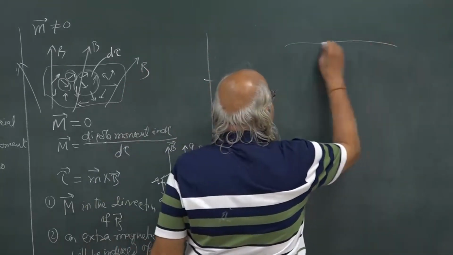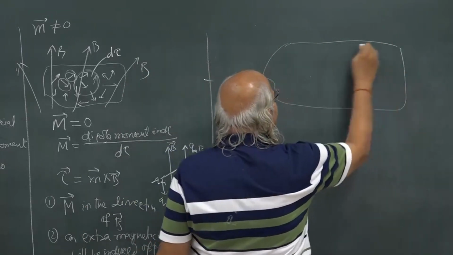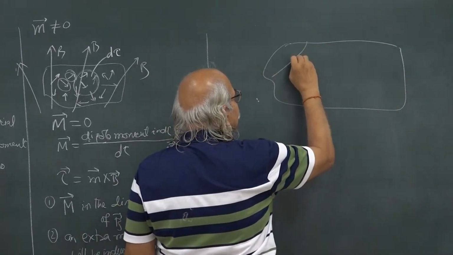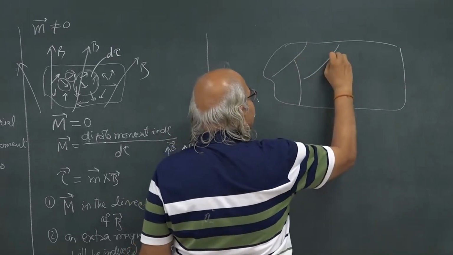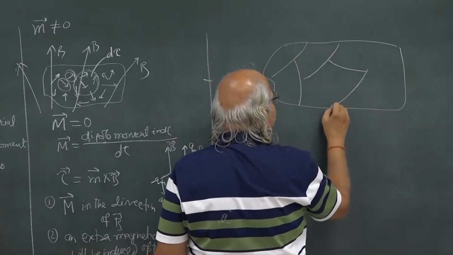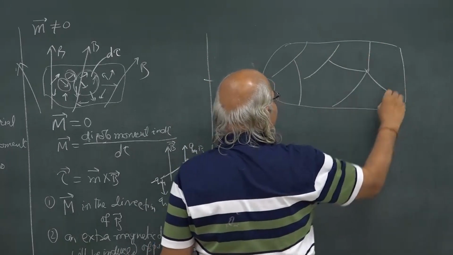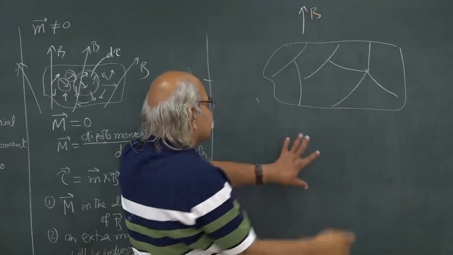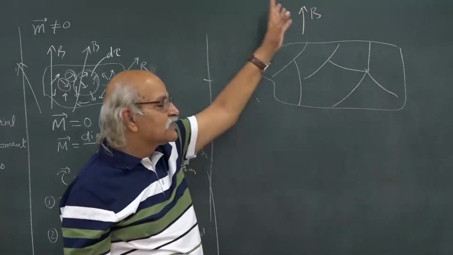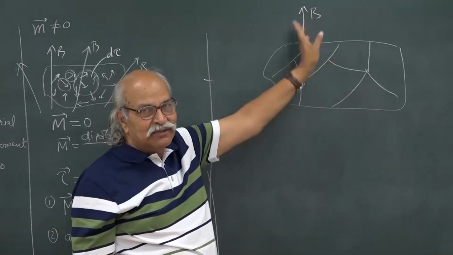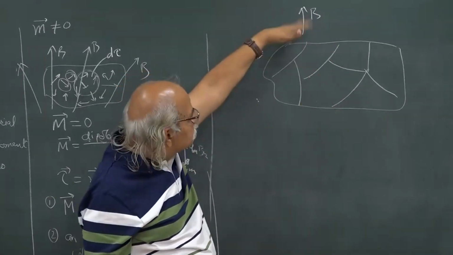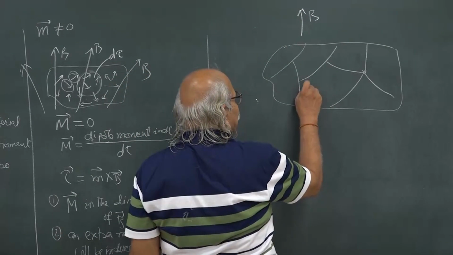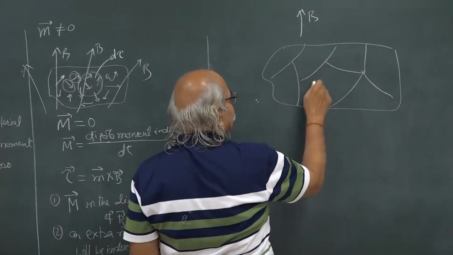So suppose you have this material and you have these domains, and then you are applying a magnetic field. These are some of the domains I am showing, and the magnetic field applied is in this direction. Everywhere the magnetic field is in this direction, maybe non-uniform, but basically in this direction. Now suppose there are some domains, this domain for example.